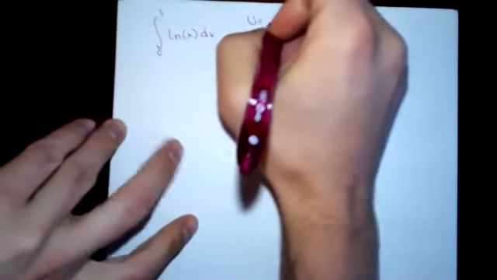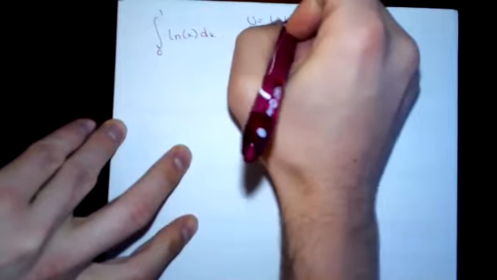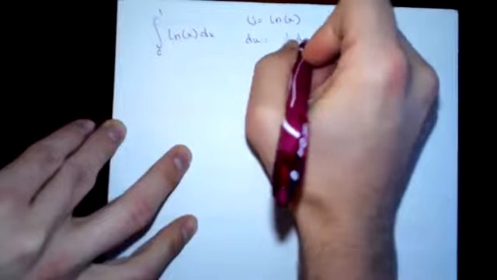So one that should work out nicely with integration by parts is natural log of x, which I think you guys have done. We have our u as natural log of x. Our du is 1 over x dx.